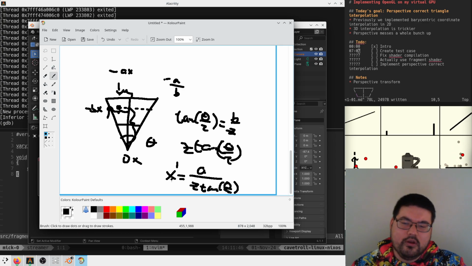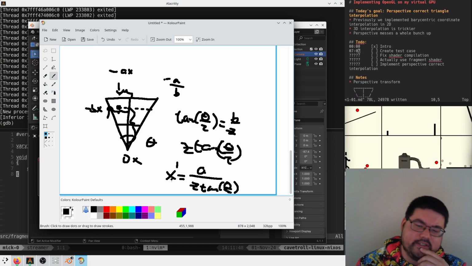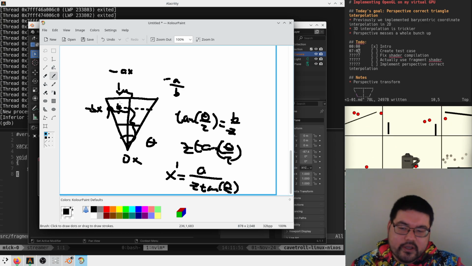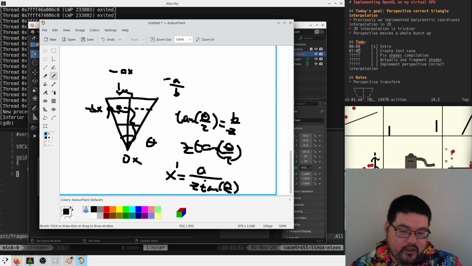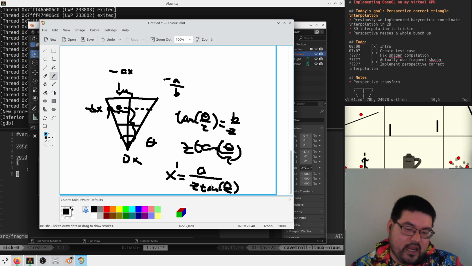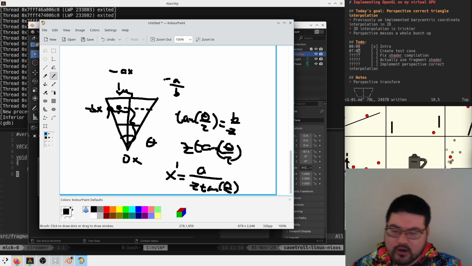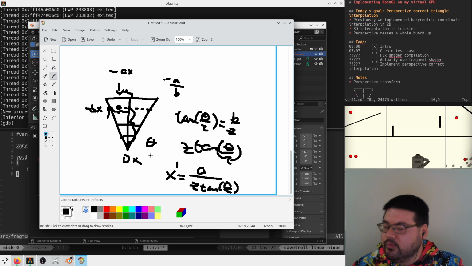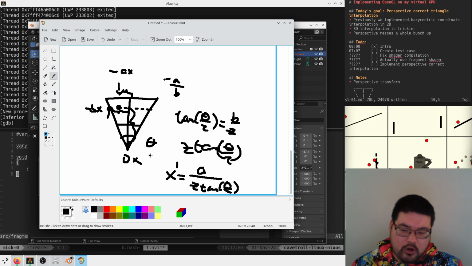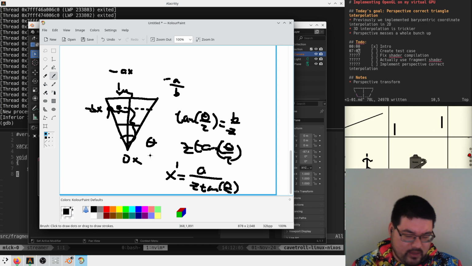Now, here's where things get a little interesting. Tan theta is a constant, the same value used everywhere, and we want to encode this in the projection matrix.